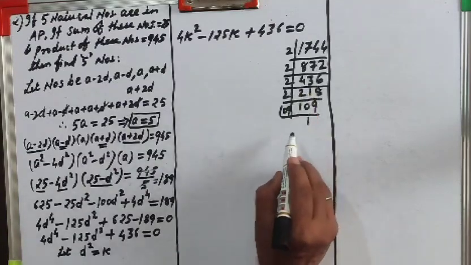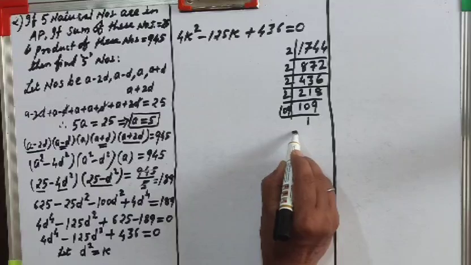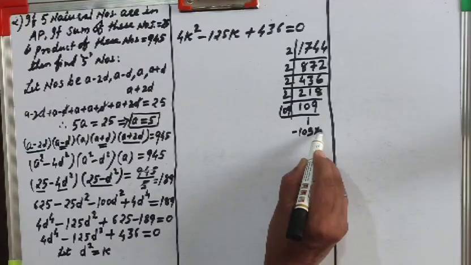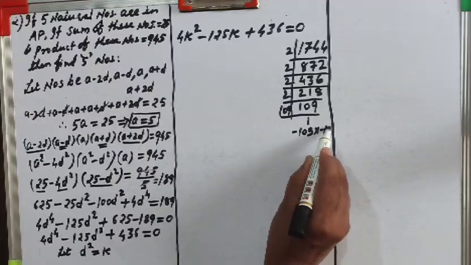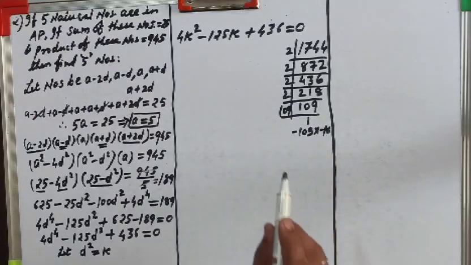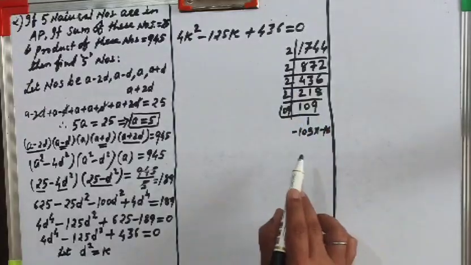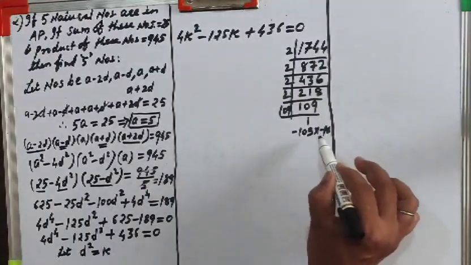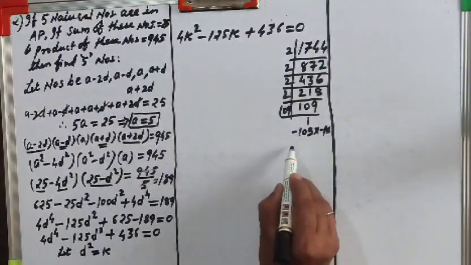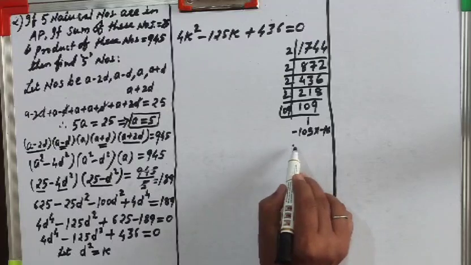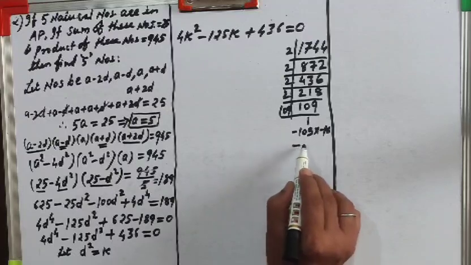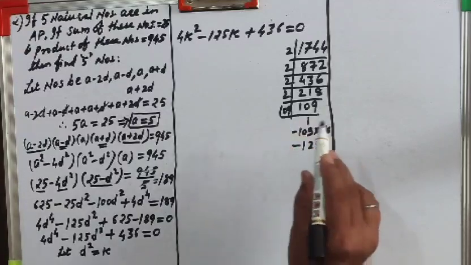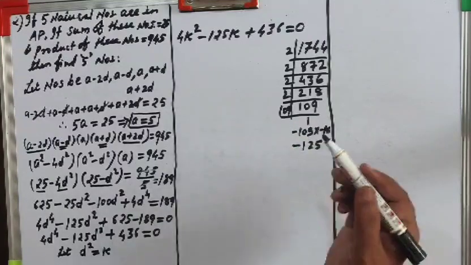So required numbers can be minus 109 into minus 16. When you multiply these numbers, you will get 1744 because both the numbers are negative. But when both the numbers are added, I will get minus 125. So this one is fulfilling the criteria of the numbers which we require.